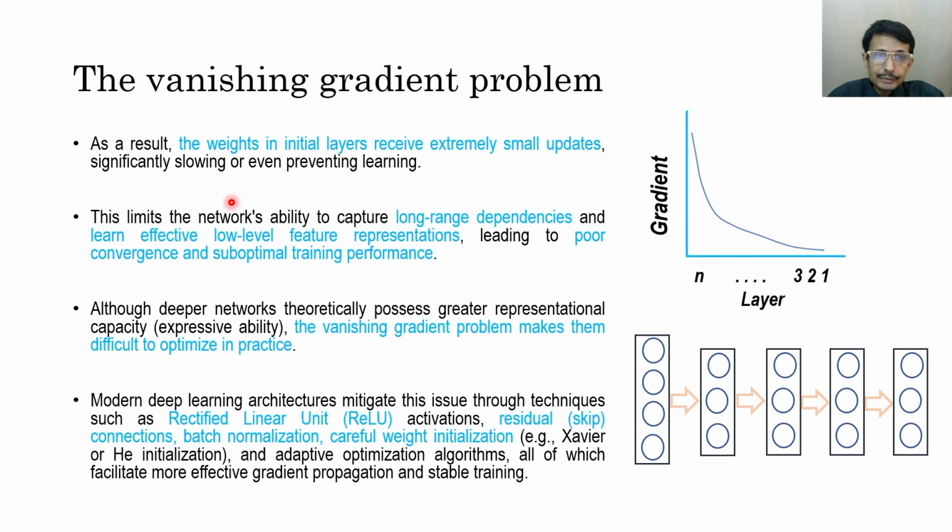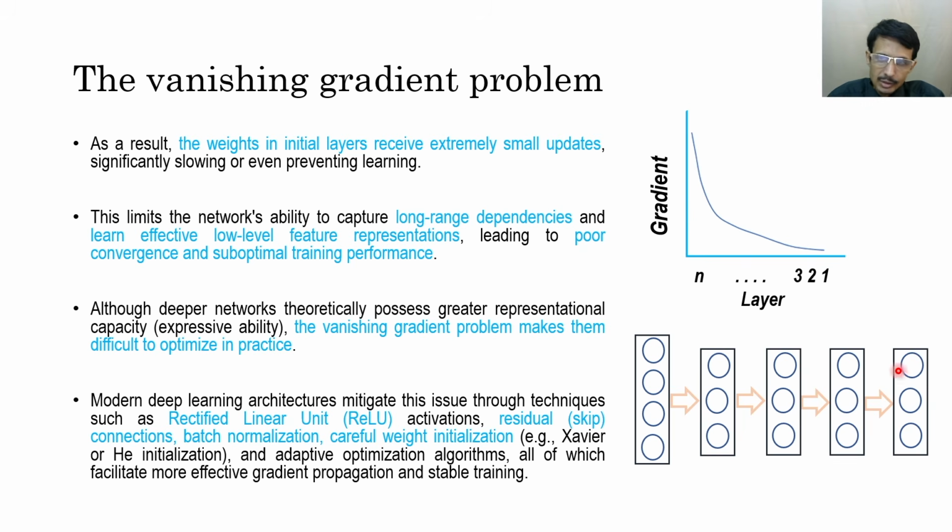If this problem happens, it restricts the capture of long-range dependencies, mainly in sequential data, and the learning of effective low-level feature representations for spatial learning, leading to poor convergence and suboptimal training performance.